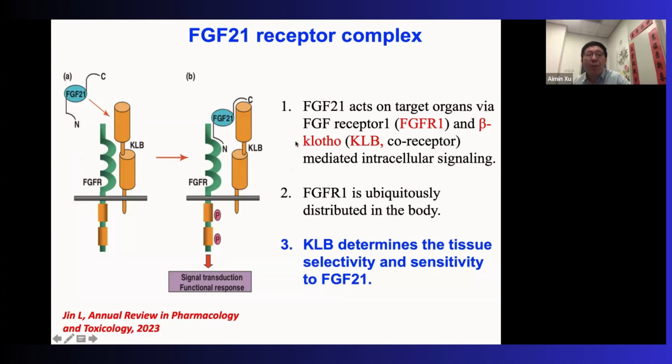Because FGF21 does not have a heparin binding domain, it needs a co-receptor called KLB, or beta-klotho, to form a receptor complex and then initiate intracellular signaling. While FGF receptor 1 is ubiquitously expressed in the body, KLB is only expressed in several tissues, especially in adipose tissue and in the brain. Therefore, KLB determines the tissue selectivity and the sensitivity to FGF21.